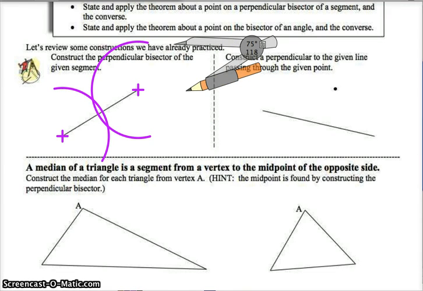Then you line up your ruler, making sure you're going through that point of intersection. I think my pen is a little too wide. I line it up like this. Clearly I don't have a good ruler. I line it up, and now I know that this is the perpendicular bisector.